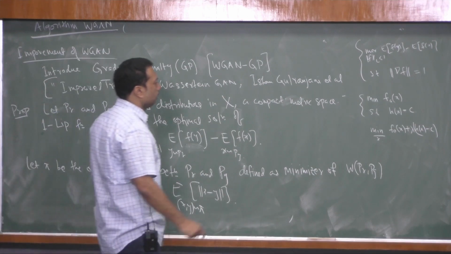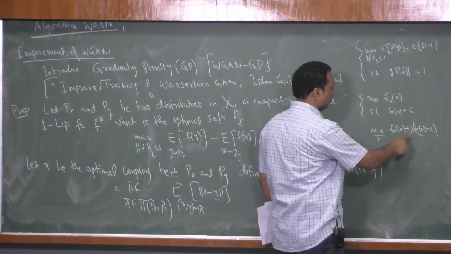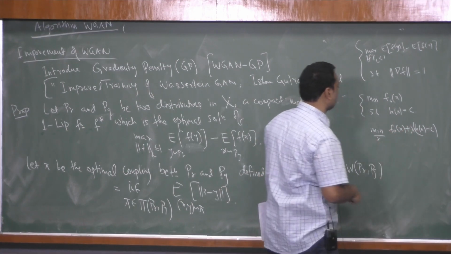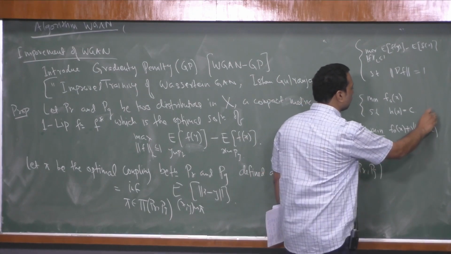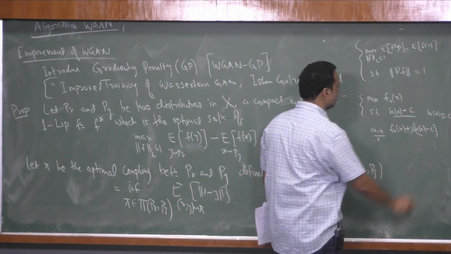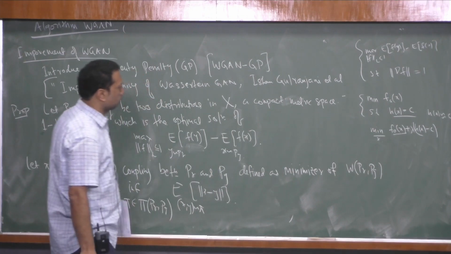So if lambda is high relative to this, or rather, this lambda is itself a hyperparameter now. You have to look into the problem at hand. But if lambda is reasonably high, it will enforce hx to be close to c, so that you get this constraint, and additionally you want f naught x to also get minimized.